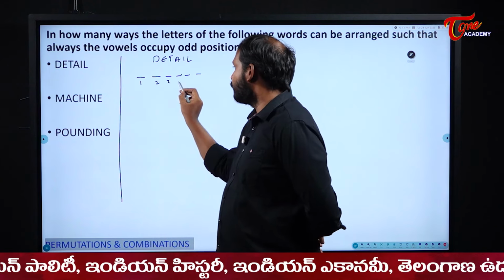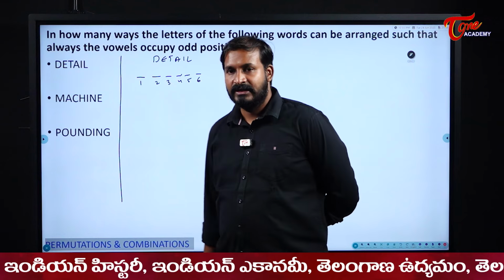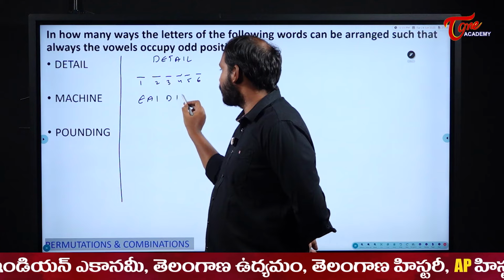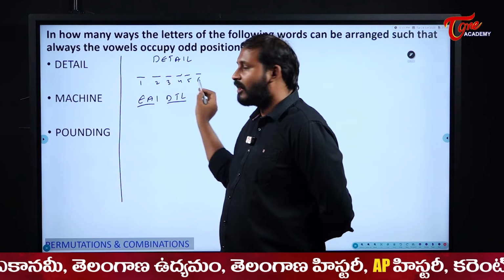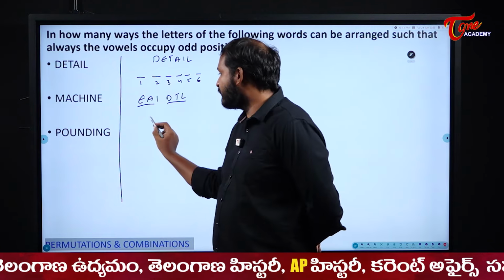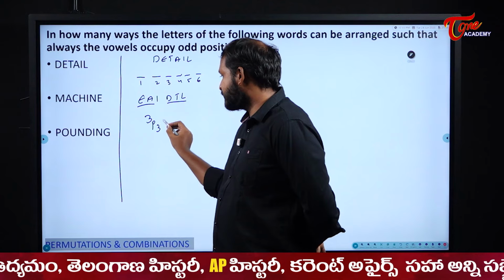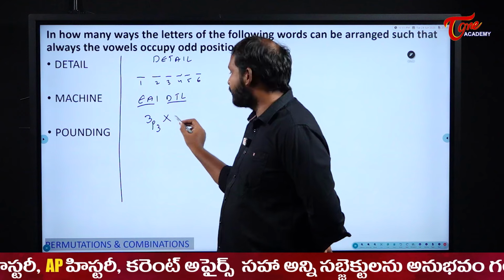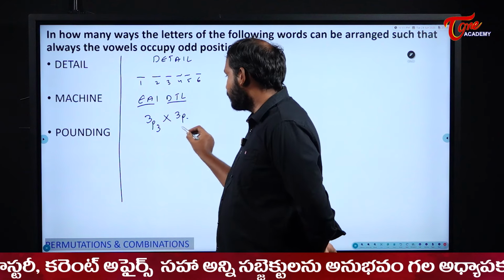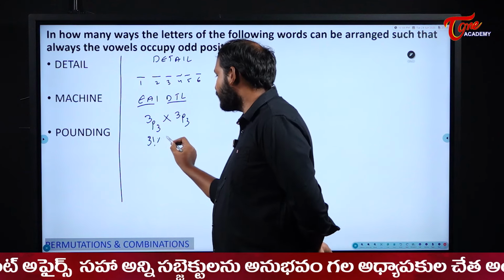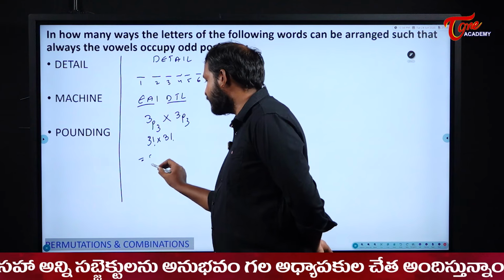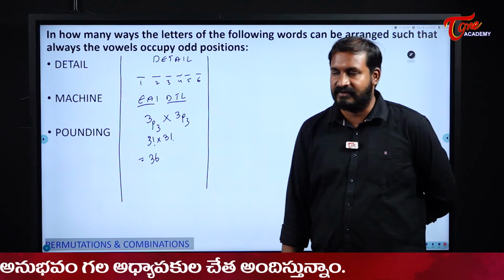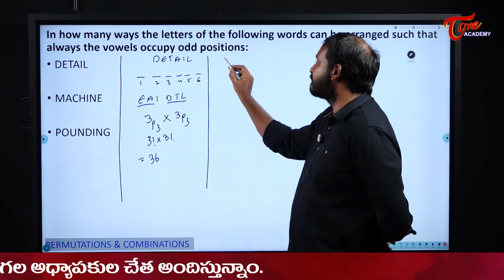The vowels are E, A, I and D, T, L are consonants. So, 3 odd positions and 3 vowels can be arranged in 3P3 ways, into 3 even positions and 3 consonants, 3P3. This becomes 3 factorial into 3 factorial, which is 36. So detail can be arranged in 36 different ways. Next one is machine.